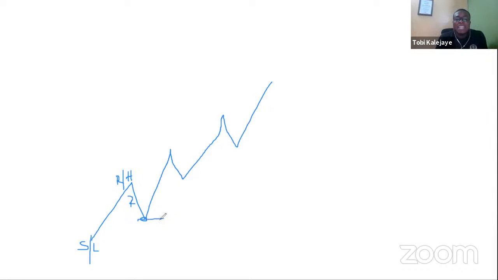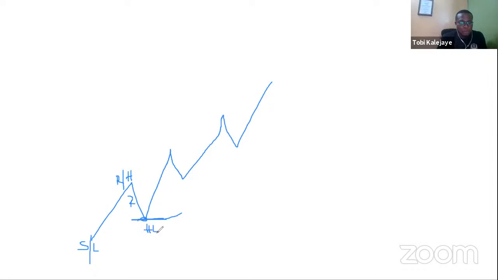The retracement created a new support level, and this new support level is still higher than the previous low point that we had in the market. So we can call this a higher low.